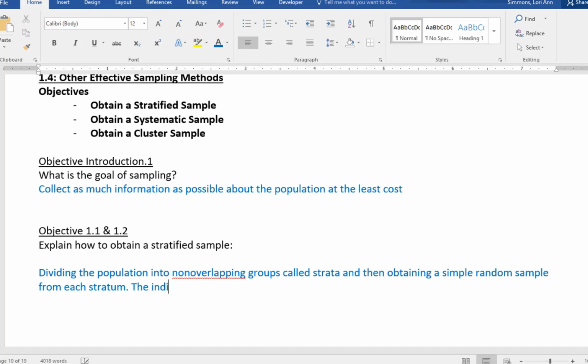The individuals within each stratum should be homogeneous. That means similar in some way.